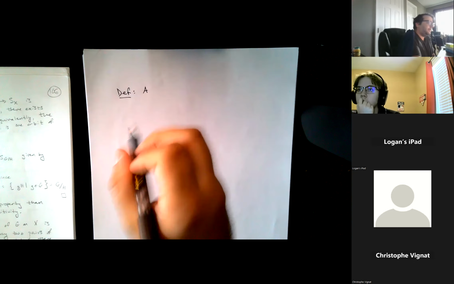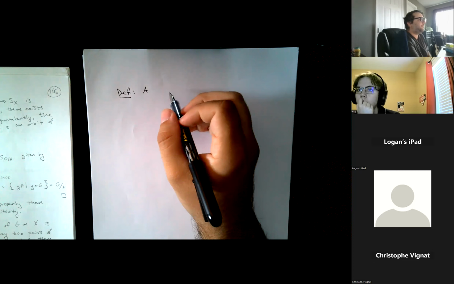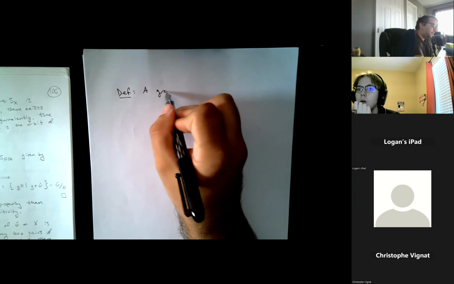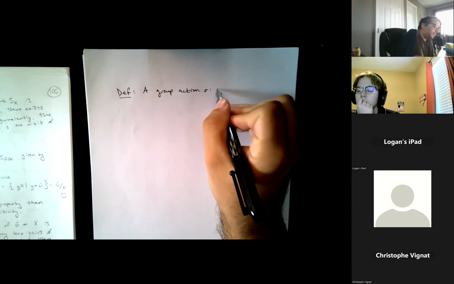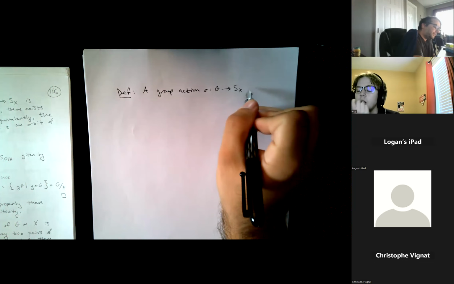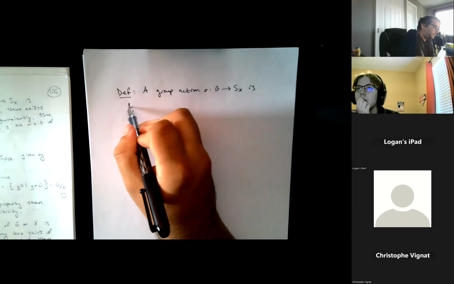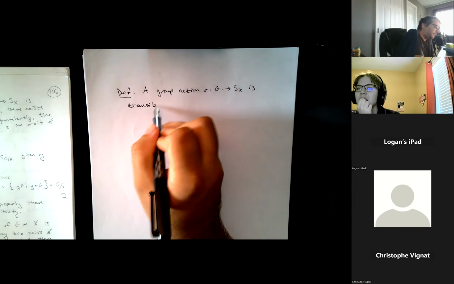So there is an especially nice type of action which has only one orbit. In this case, it's called transitive.